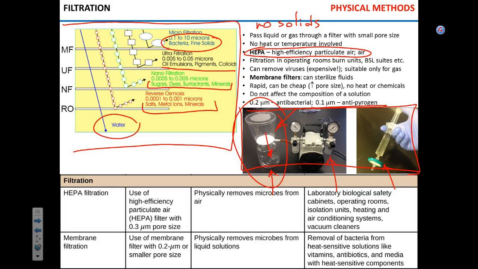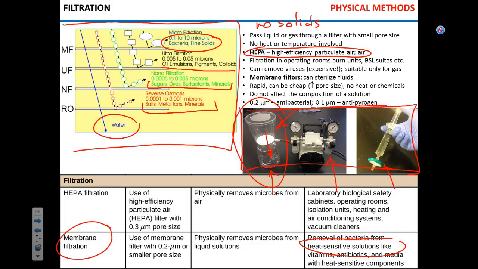An important advantage of membrane filtration is that you can sterilize heat-sensitive solutions. Imagine for a second that you need to sterilize, say, isotonic solution, sodium chloride. You can put it in the flask, stick it in an autoclave, run the cycle, and it will be sterile.